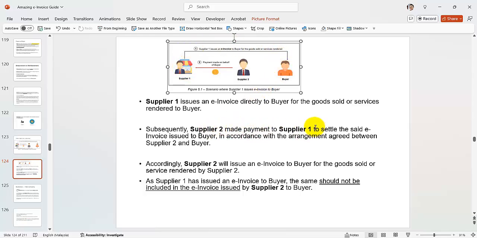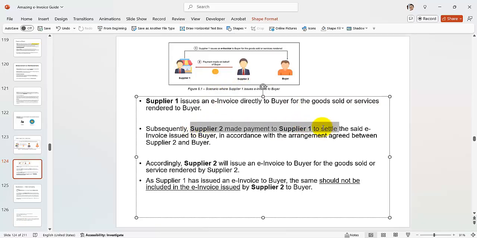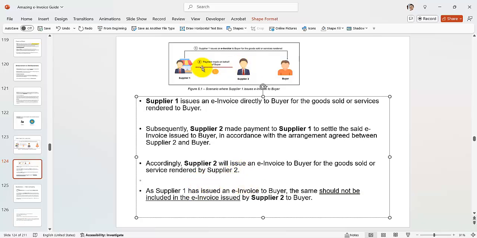Supplier two makes payment to supplier one. Notice that this is the key difference, because of the arrangement between supplier two and the buyer. So now supplier two will issue an e-invoice to the buyer for the goods and services. Now, supplier one has already issued an e-invoice to the buyer. The same should not be included in the e-invoice issued by supplier two to the buyer.